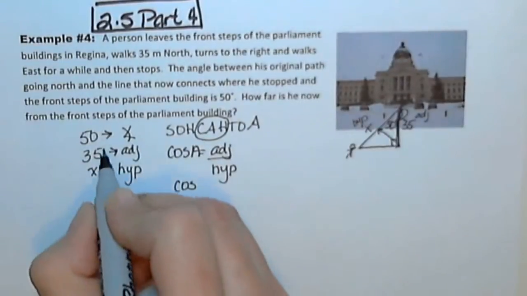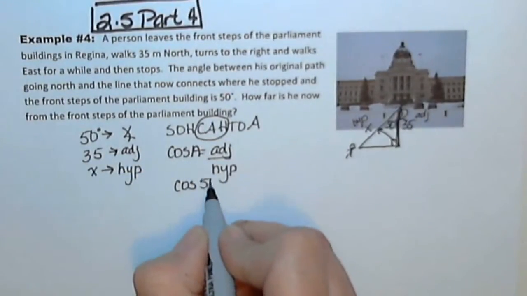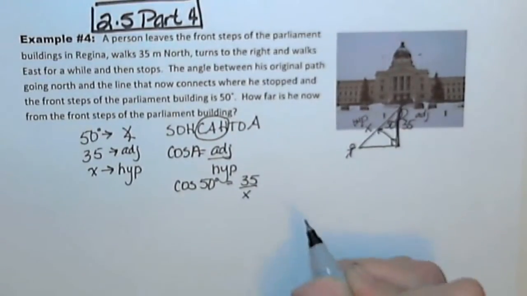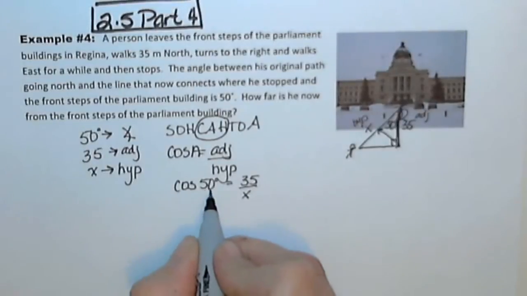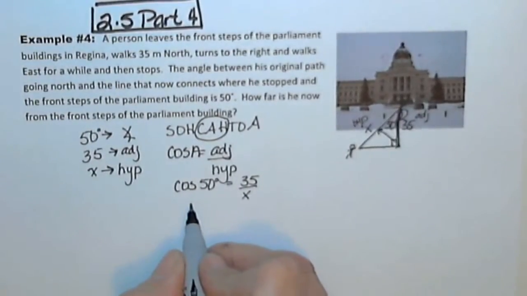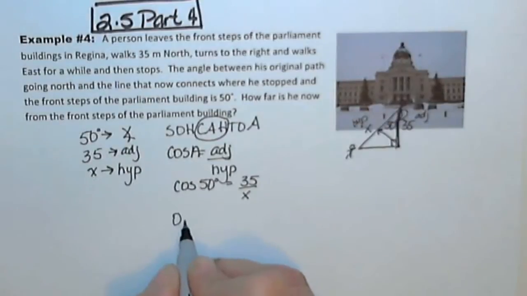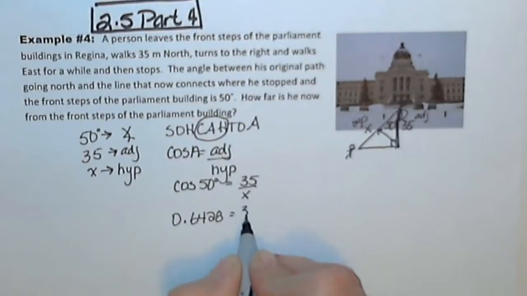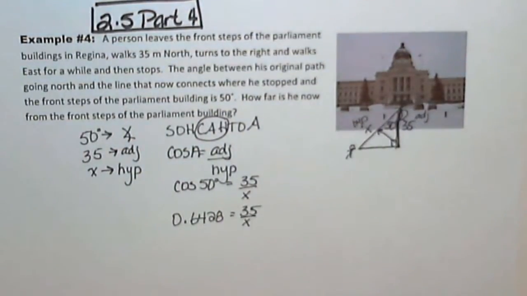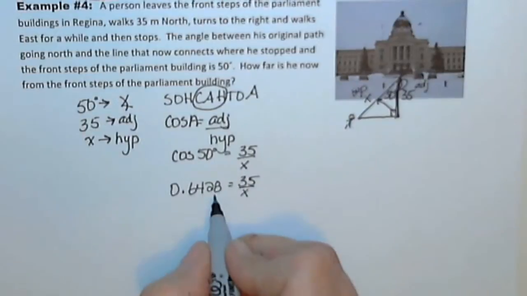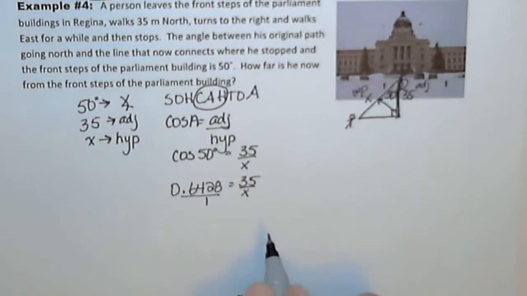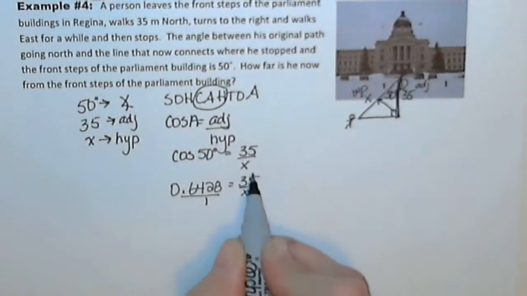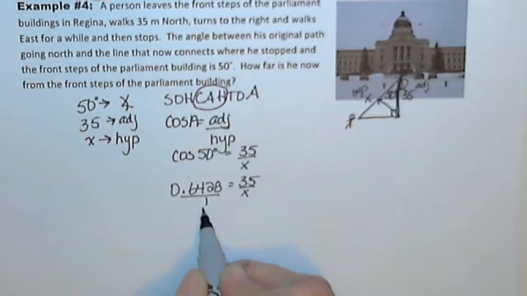Instead of writing angle A, we're going to put 50 degrees in because that's the size of our angle, and our adjacent side is 35, and our hypotenuse is x. Using our calculator, without the shift or the sine button, we get the cosine of 50 is 0.6428, and that equals 35 over x. Our little trick now is to put this over 1 and to cross multiply. And again, cross multiply means that these two guys multiplied together equal those two guys multiplied together.